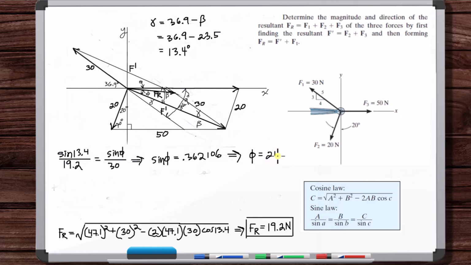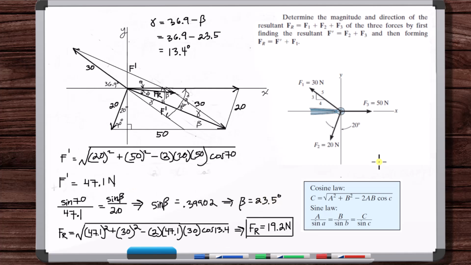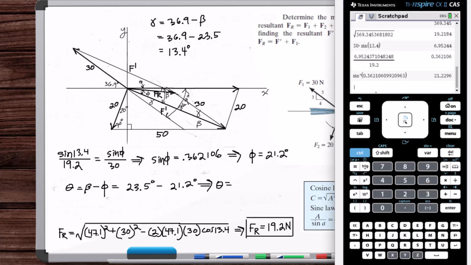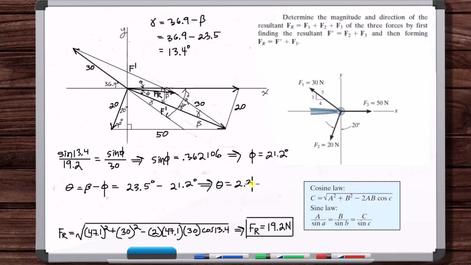Okay, so now we can get theta because theta is equal to beta minus psi. Beta is 23.5. So theta is 2.3 degrees.